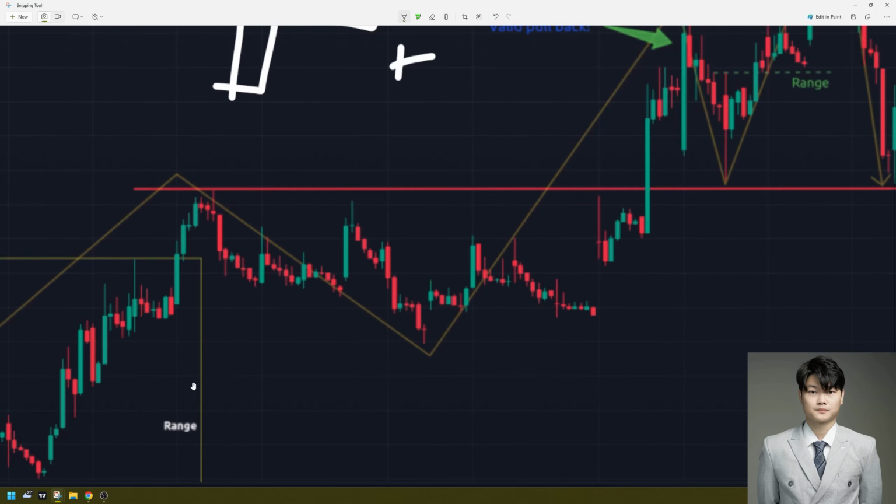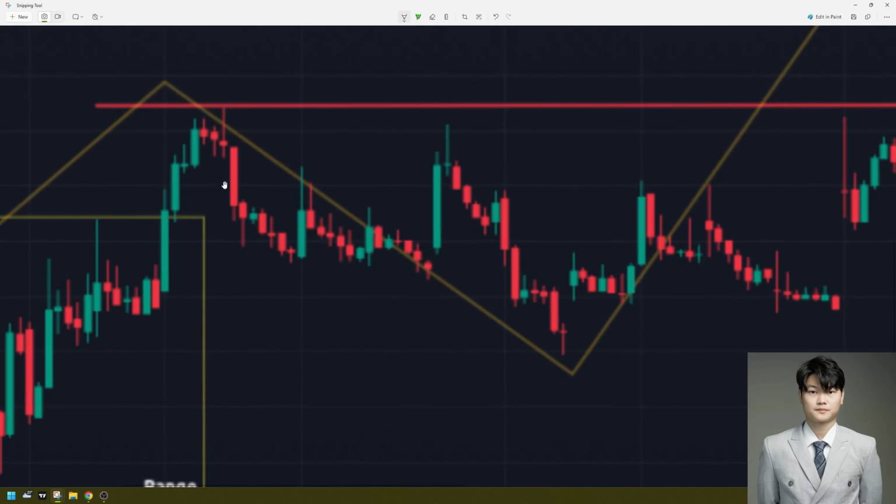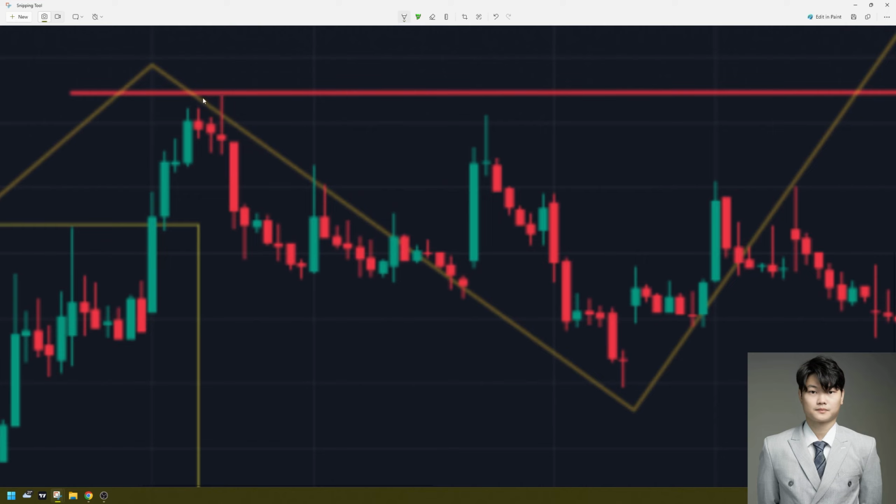For this case, the first time the market pulled back, we can see a very big marubozu candle right over here. But after the big marubozu candle, the market shows a big pin bar candle also. So I will explain the reason why this is a valid pullback.